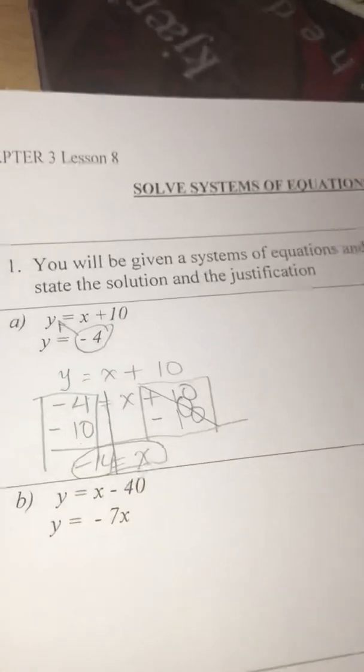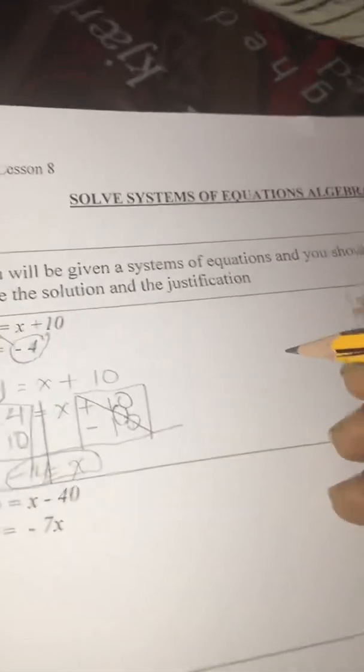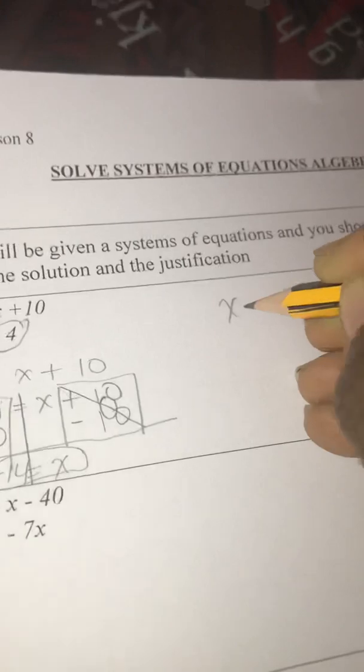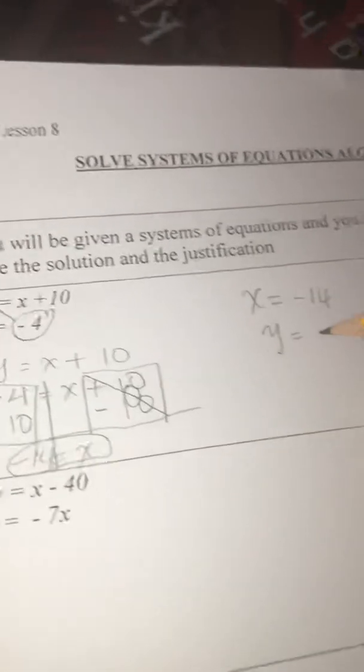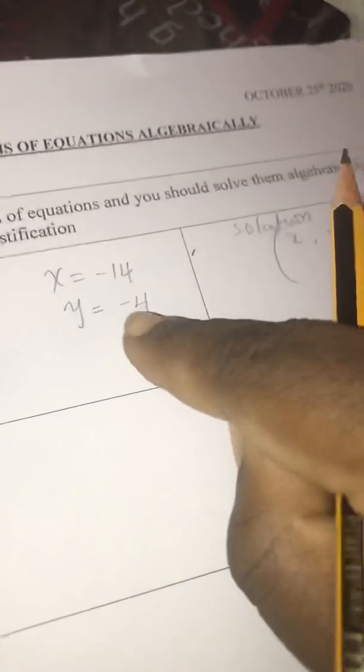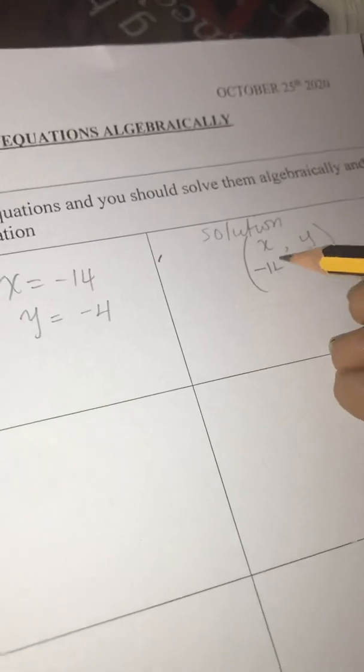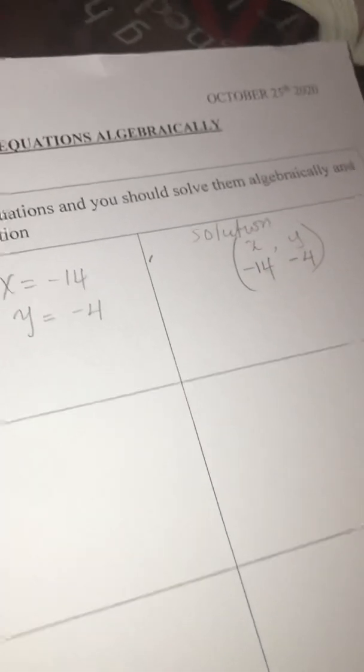Okay? I will circle this. And then I will write here. X is -14 while y is -4. So then I will use this to write my answer, (-14, -4). So this is my solution. Then I say one solution. Okay?